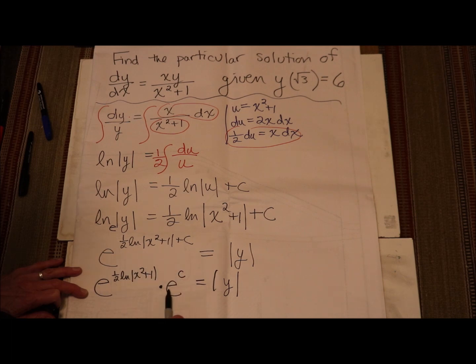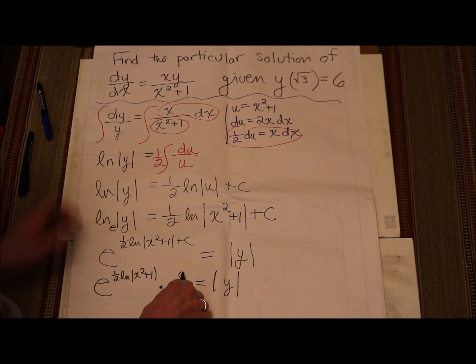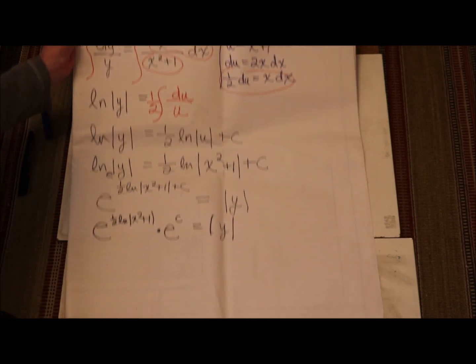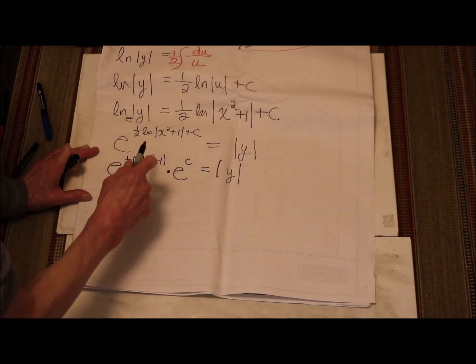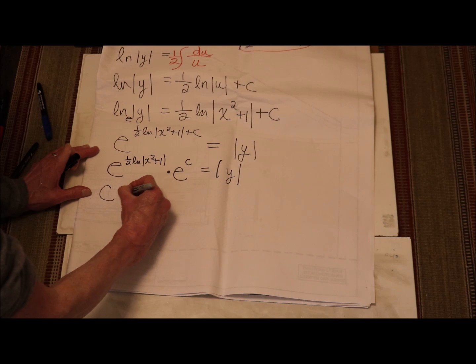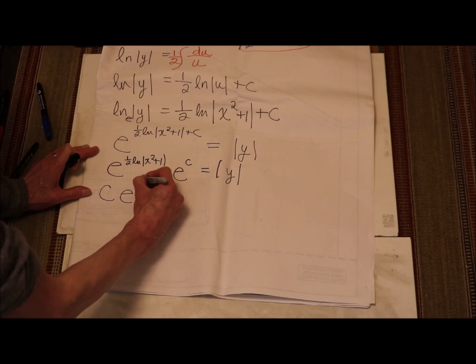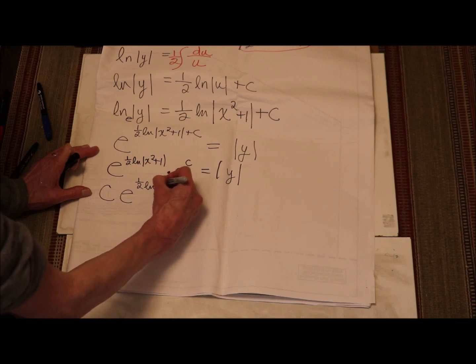So if I'm multiplying those two, you could rewrite it this way. This just makes it easier because now I can call e to the c, e is 2.718 and so on, e raised to the c is just some other constant. So now I have some arbitrary constant times e to this whole brouhaha.